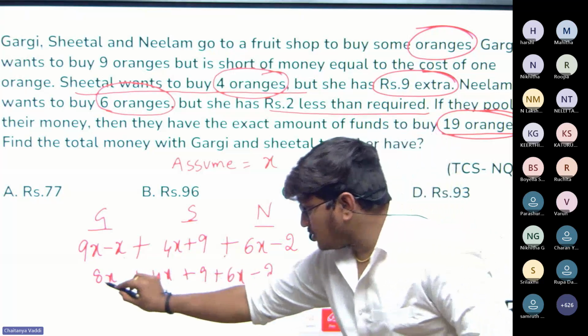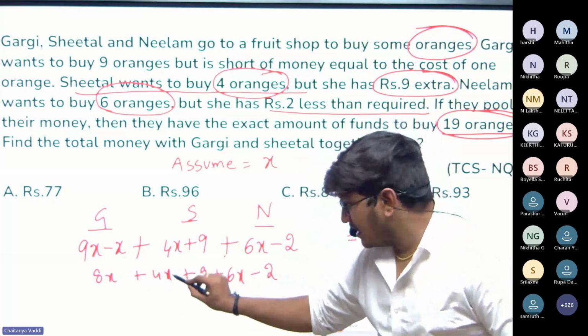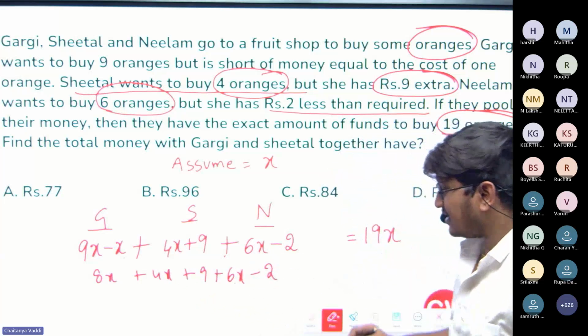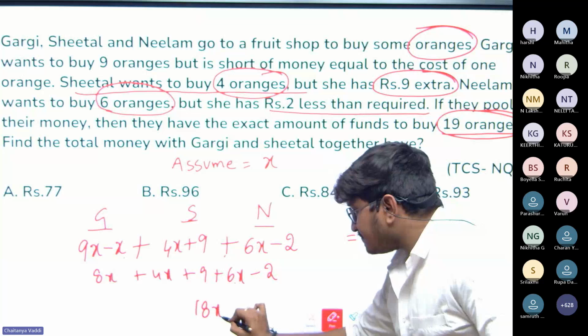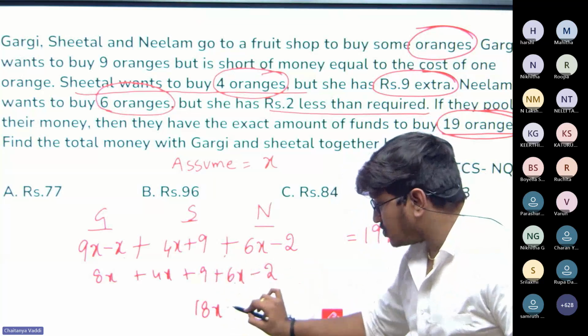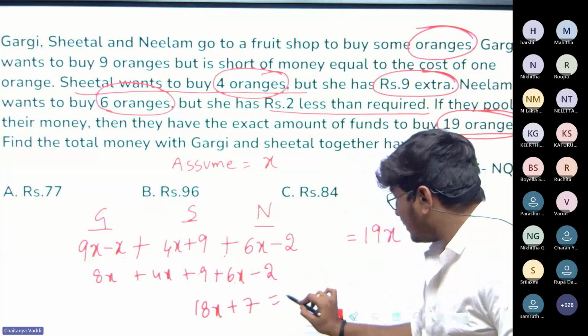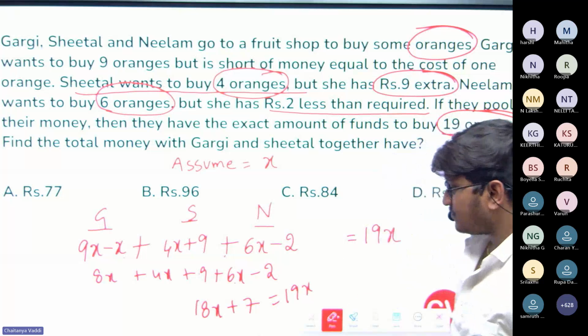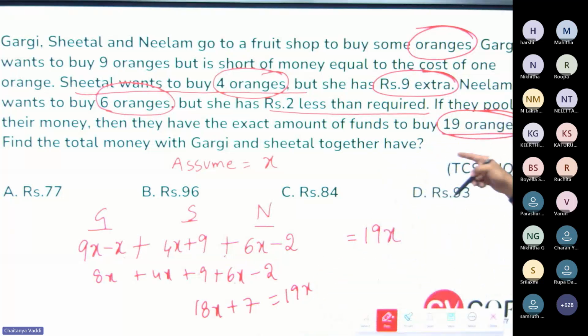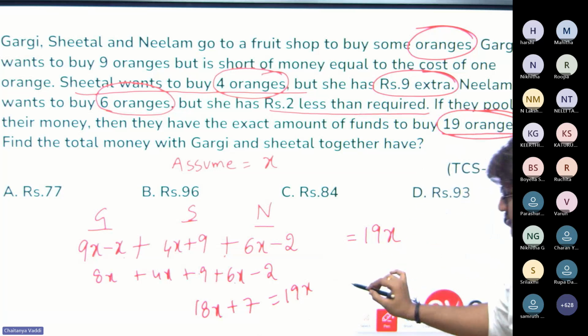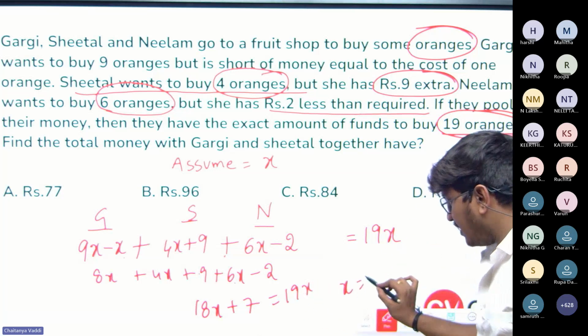Adding these, 8x plus 4x is 12x, 12x plus 6x is 18x. So 18x plus 9 minus 2, which is plus 7, equals 19x. The total amount they have is to buy 19 oranges. So if you solve, the x value will be 7.